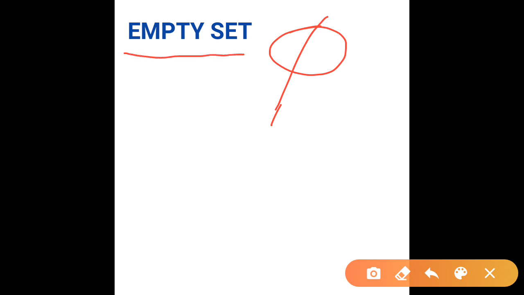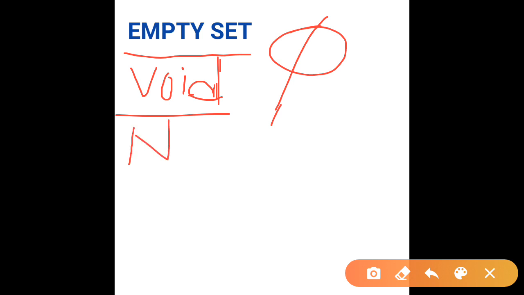The empty set is known by other names, that is void set and null set.